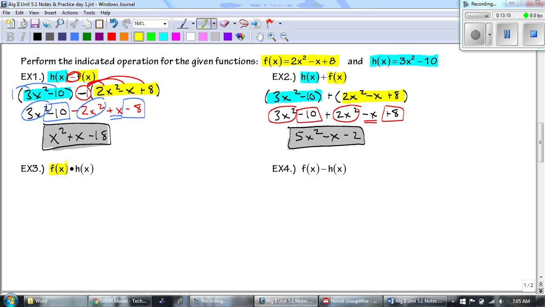Okay, now we have f of x times h of x. Okay, remember, pay attention. What sign is in the middle? F of x is 2x squared minus x plus 8 times 3x squared minus 10.